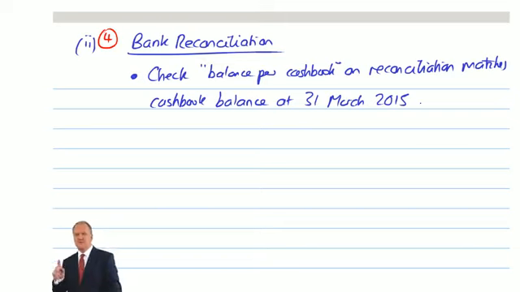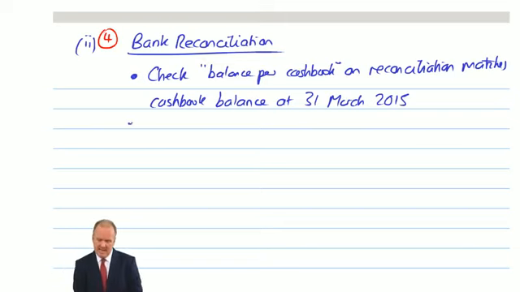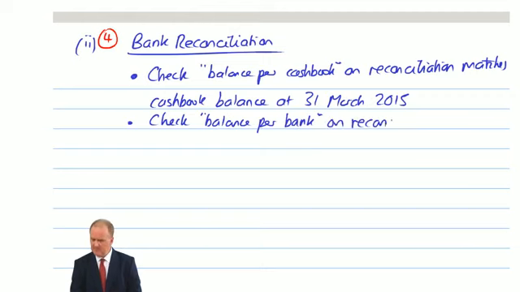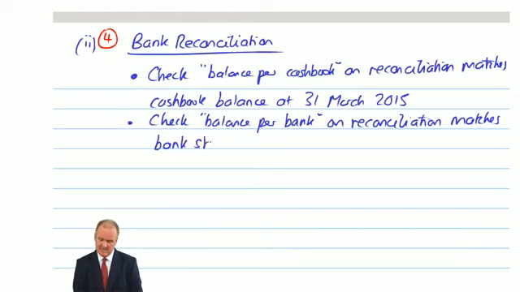So go and make sure they've started with the right number at the top, and then check the balance per the bank statement on the reconciliation matches the bank statement dated the 31st of March 2015.